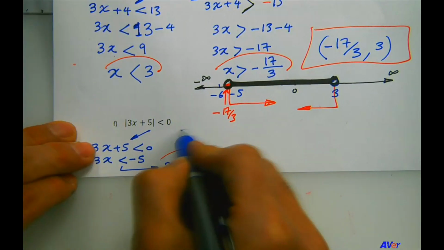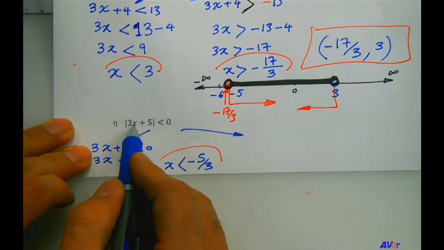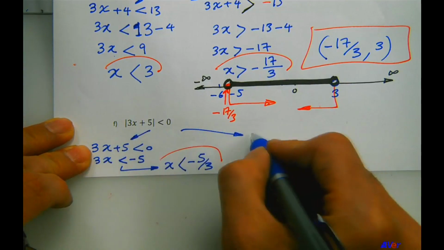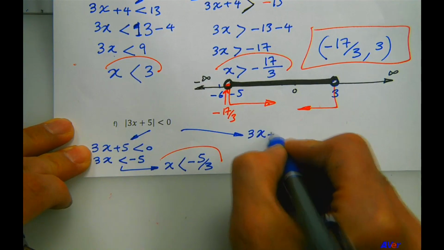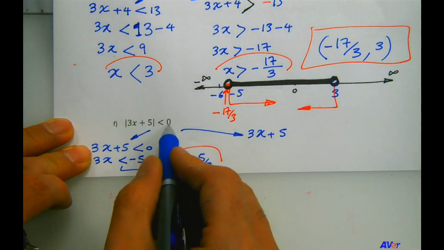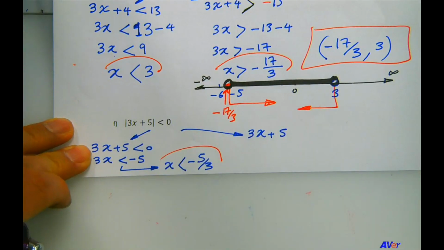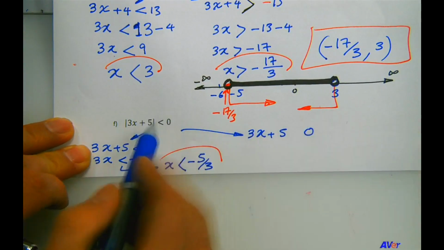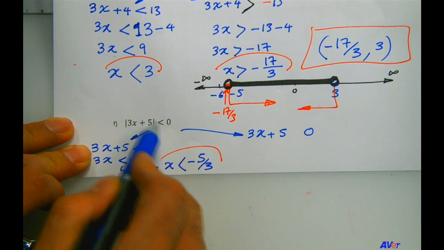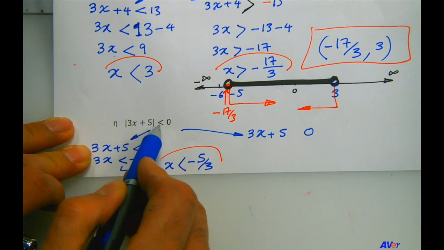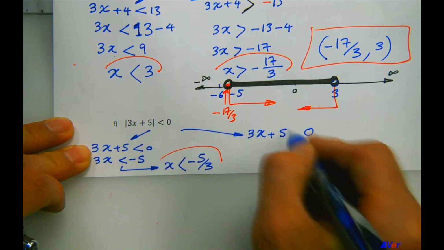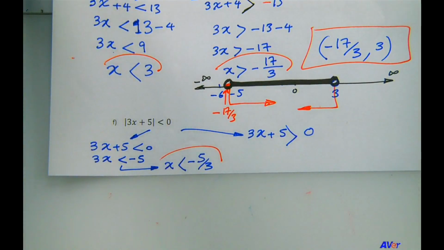The other solution will come from the inside of the absolute value as it is, with the 0 multiplied by negative 1. What do you get? You get 0. But don't forget that that means we're still multiplying negative 1 by this inequality symbol too. So that one is going to change direction.